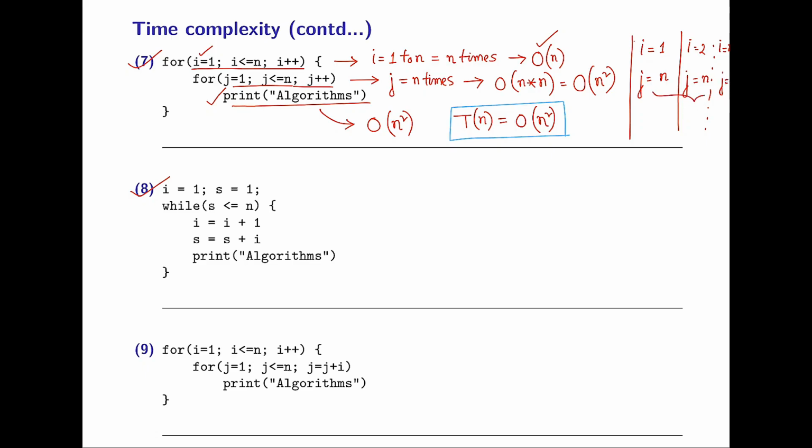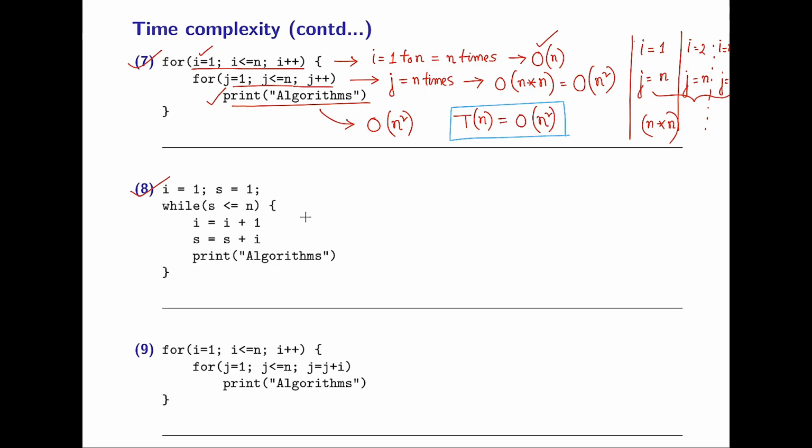So how many n's are there? n n's are there. So n will be multiplied with n. That way also you can compute. But this is the simple one.